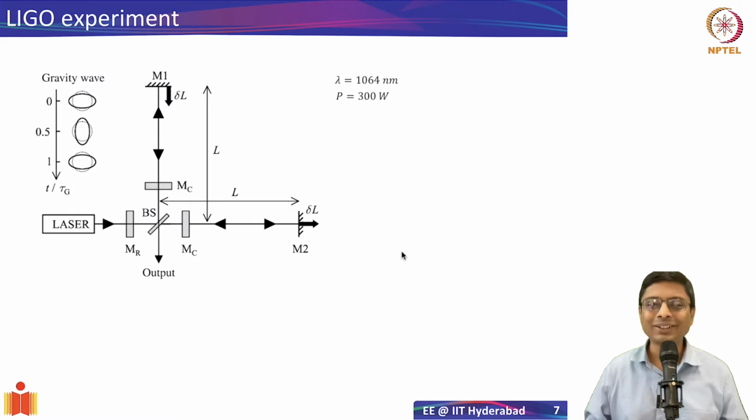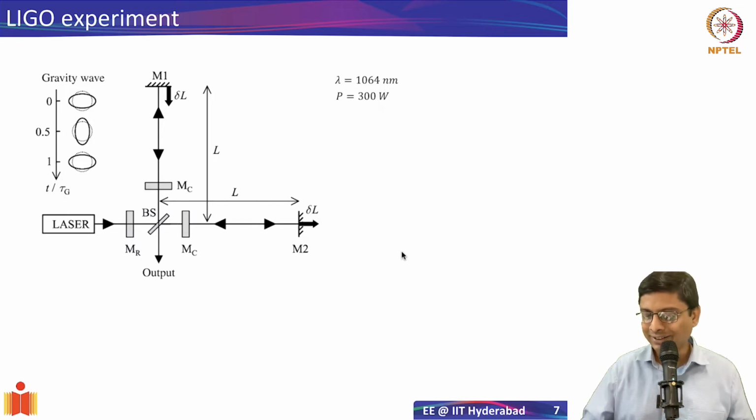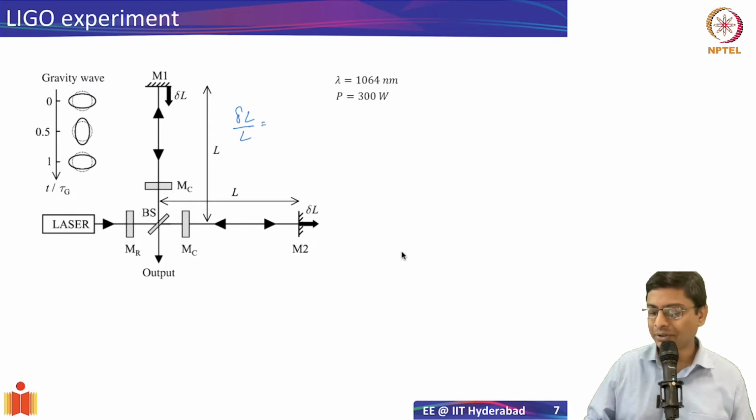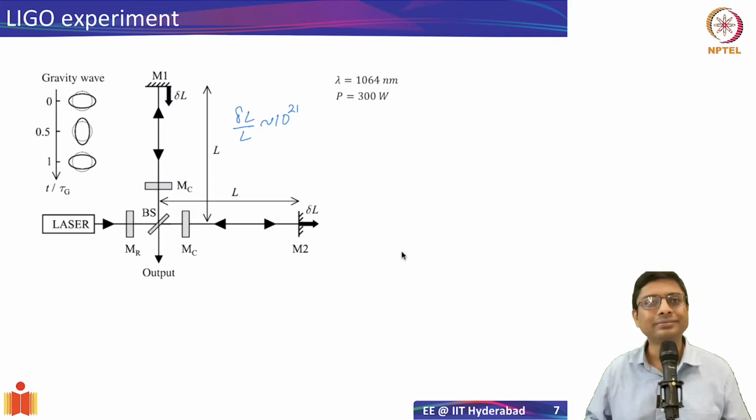Now, people wanted to measure them. Some of the optimistic versions of the theory predicted that if I take the length of my object, in this case the diameter, to be L, and call the stretching and compressing delta L, then this ratio delta L by L was optimistically estimated to be about 10 power minus 21.